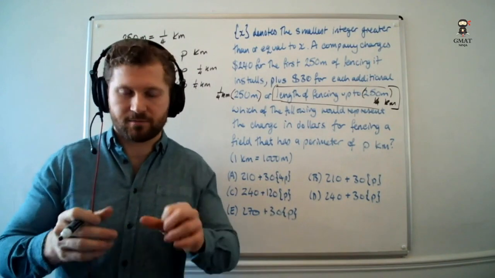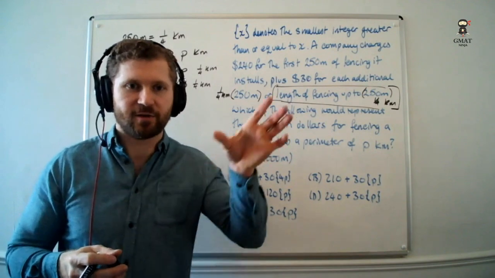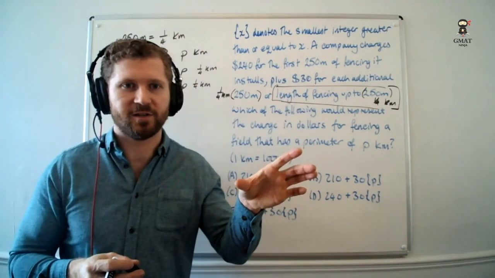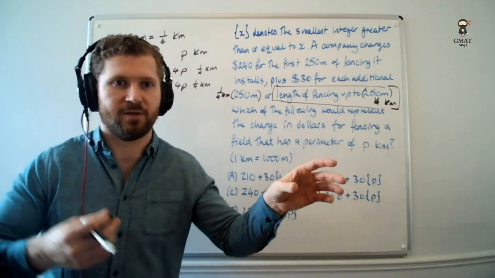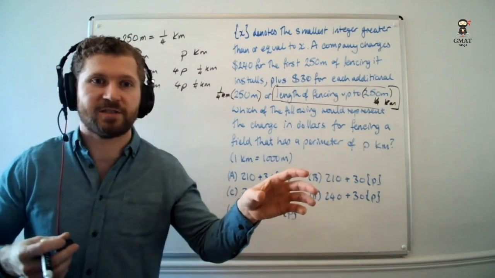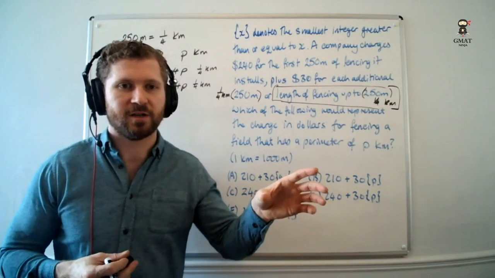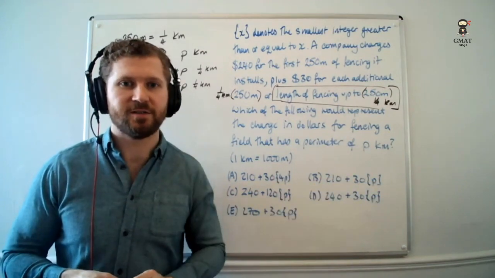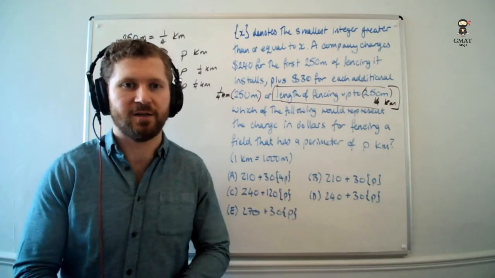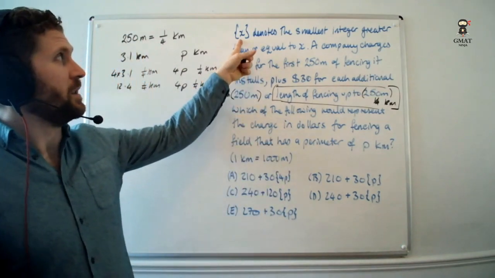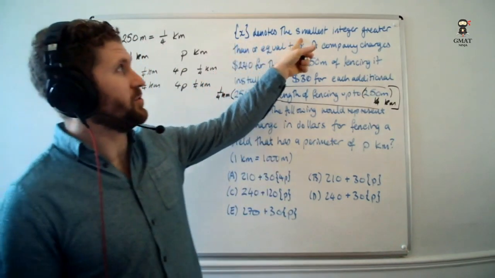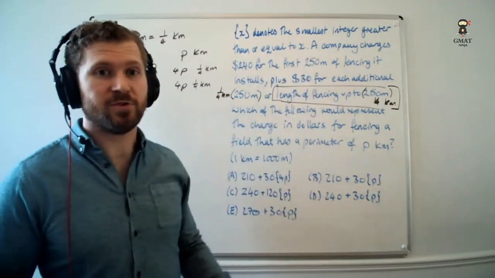So I'd be charged $30 for a 250 meter chunk, $30 for another 250 meter chunk. But if my final chunk is only 100 meters, 112, 105, whatever, that final chunk up to 250 meters is going to get me charged the full $30. And that's where the symbol comes in. The x inside the squiggle is the smallest integer greater than or equal to x.